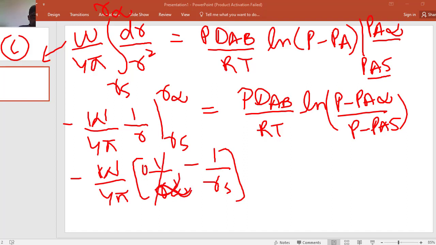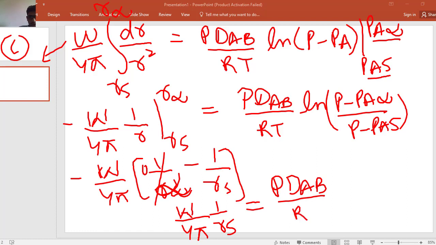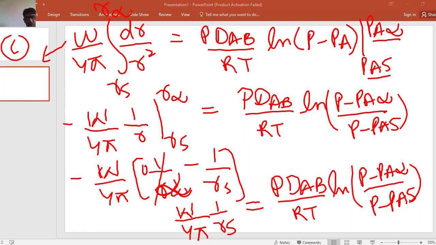So W divided by 4 pi RS is equal to P, the total pressure, times the diffusivity of A into B, divided by RT, ln of P minus PA infinity divided by P minus PAS.